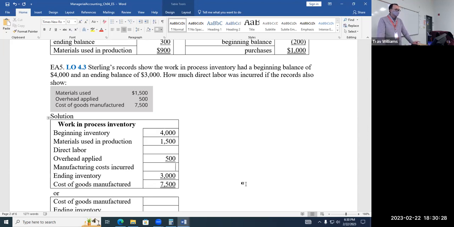Well, good guess, but we would actually go the other way. We're going to add those together. Right, because what it's saying is we did have those costs and we had these $3,000 of costs as well, but they're just not done yet. So we had a total of 10,500. If it's helpful, you could think of it, if you were reading from top to bottom, we would be subtracting the 3,000, but since we're going backwards, we're adding it, right? 7,500 plus 3,000.